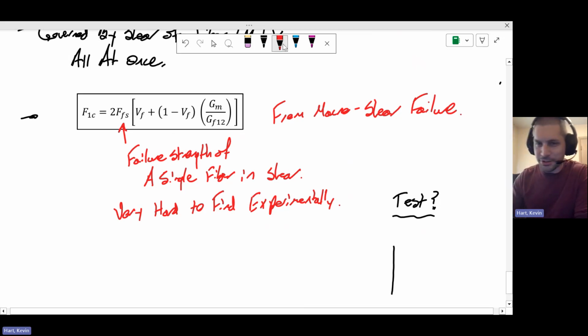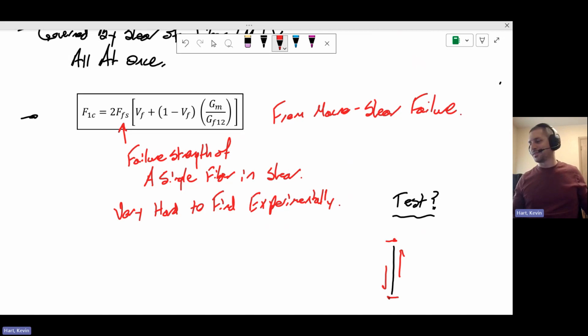And I need to apply a shear load to it. Remember what your shear loads look like. Someone design me a fixture to put a single fiber into shear. How are you going to do that? It's actually very, very hard to do.